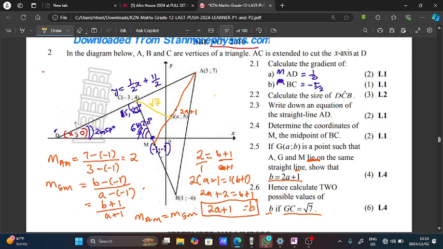If GC is a distance, from G to C, then I must apply the distance formula to get the values of B. They are saying there are 2 of them. Calculate the 2 possible values. They said there are 2, so you must see that. Now we are applying the distance formula. When we're doing the application, let's go and apply that.